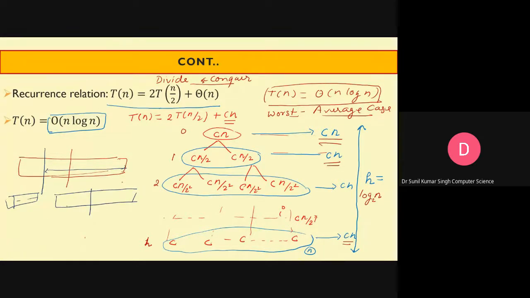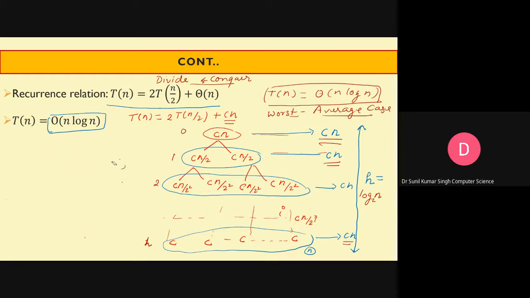So there are many scenarios, and if we consider the worst case of the quicksort algorithm, you can see that every time we divide the array, it is going to contain one element on this side and the remaining n minus one elements on this side.